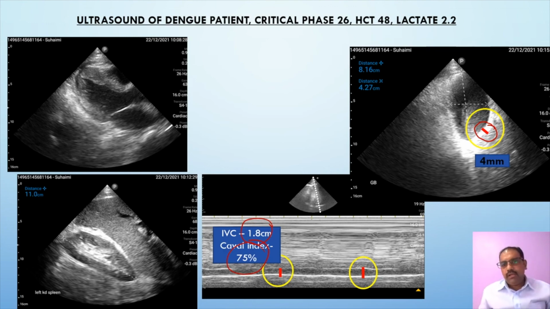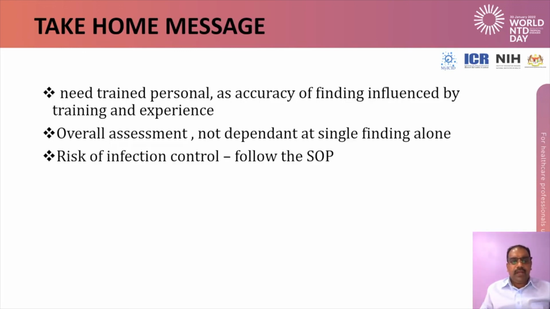But again, the gallbladder scan is very sensitive. As you know, the measurement may differ from one operator to another. So we really need to have some experience and should be trained well before proceeding with gallbladder scan. With this, I would like to end my presentation.